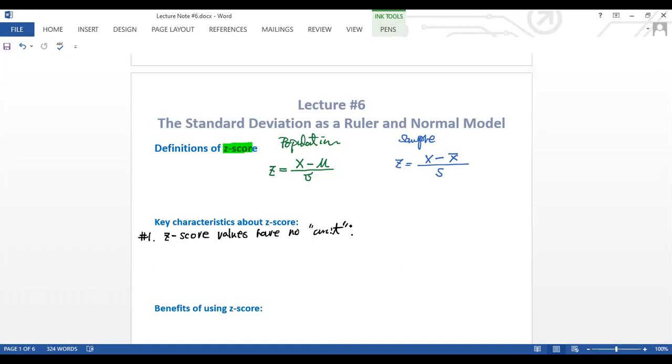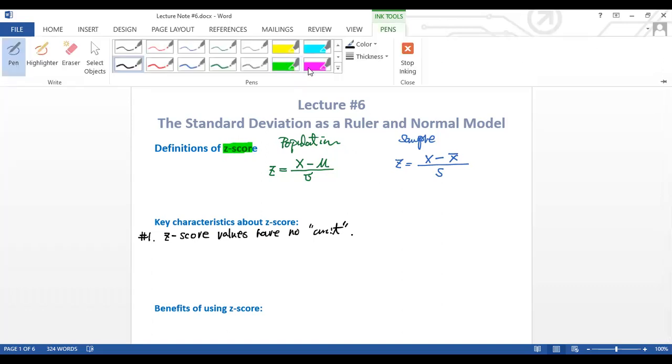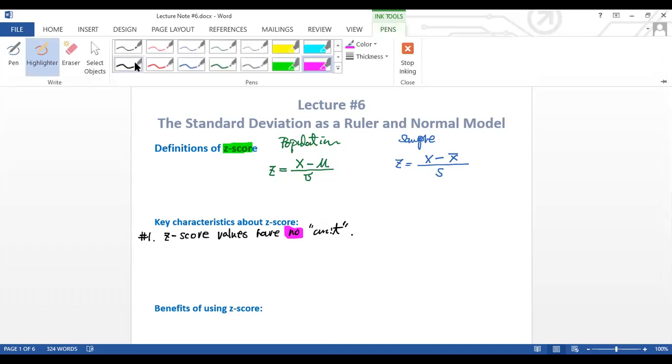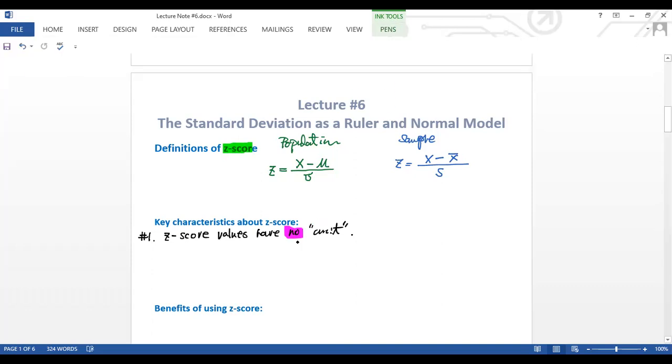So if X is the weight, the weight minus the average weight divided by sigma, it doesn't mean the Z-score is some type of weight. No, the Z-score has no unit. Because the Z-score has no unit, it doesn't matter what things I'm measuring, I am able to compare.